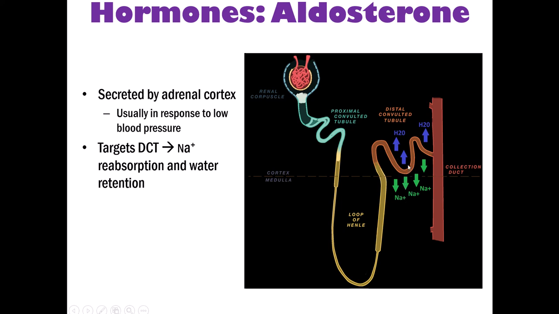So since aldosterone causes the distal convoluted tubule to reabsorb a lot of sodium, water comes with that sodium, and you end up reabsorbing a lot of water. That increases your blood volume, which then increases your blood pressure. And that's really the first activity, the Physio X9 activity.